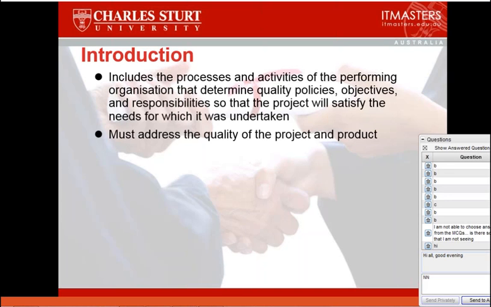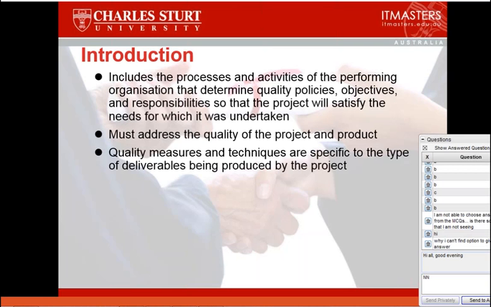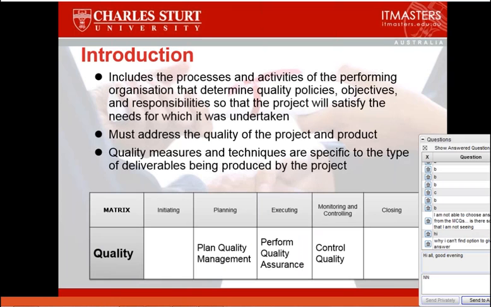It must address the quality of the project and the product. So the end result is the product, but as we're going through the project, we have all these various deliverables and we have to make sure they have the appropriate level of quality. Quality measures and techniques are specific to the type of deliverable being produced by the project, so different types of projects will have different ways and means of measuring and determining the quality.